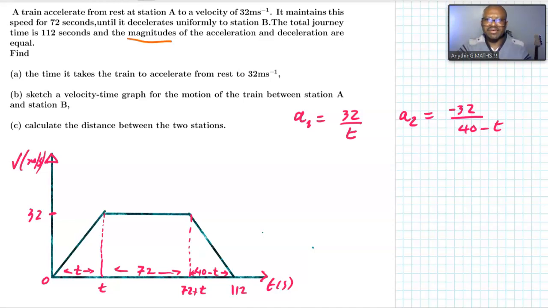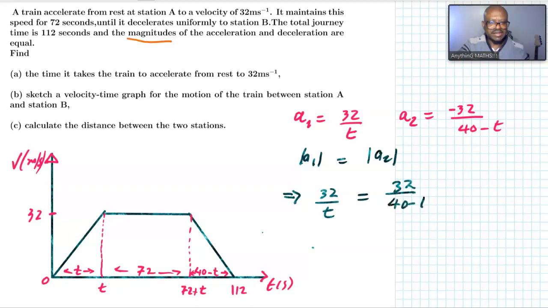Remember, in the question they say the magnitudes of the acceleration and deceleration are the same. So what it means is that the magnitude of a1 should be equal to the magnitude of a2. And so when you take the magnitude, it implies 32 over t should be equal to 32 over 40 minus t.